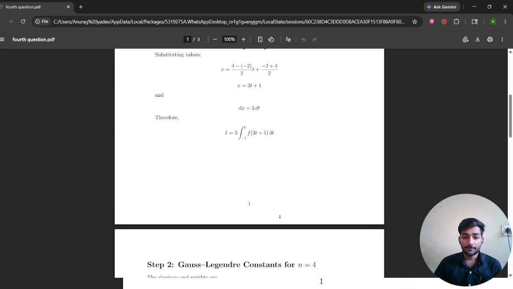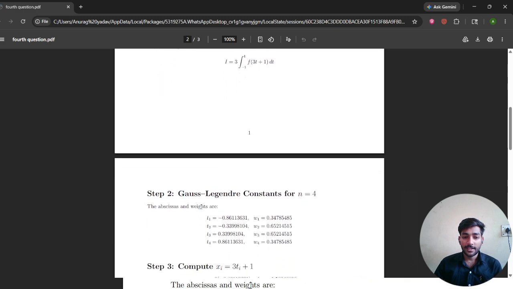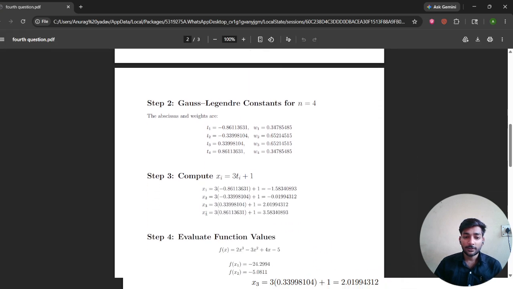Then in step 2, this is also given in the question: the values of t1, t2, t3, and t4, and w1, w2, w3, and w4 for n = 4. Then we find the values of x1, x2, x3, x4 by putting the values in this equation.